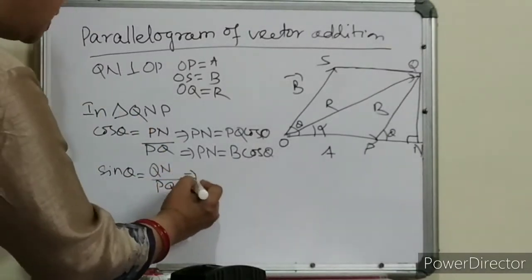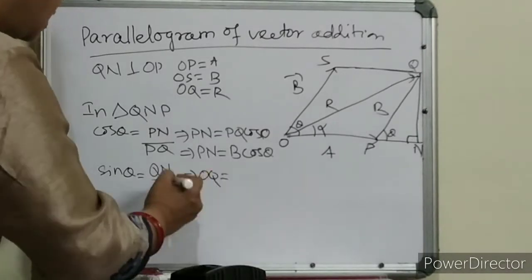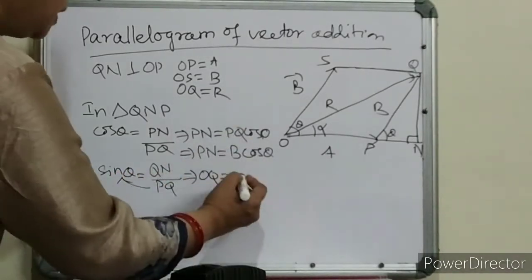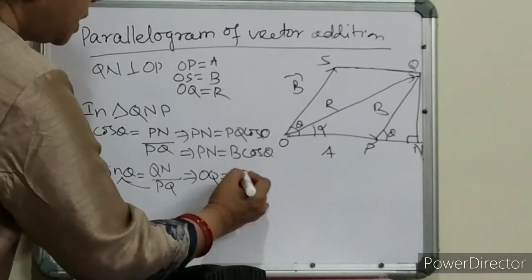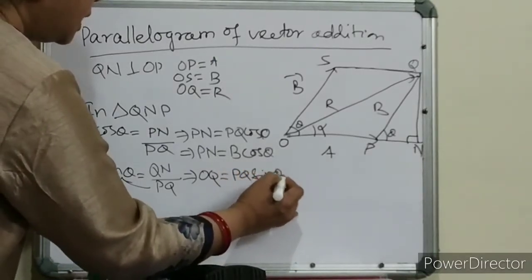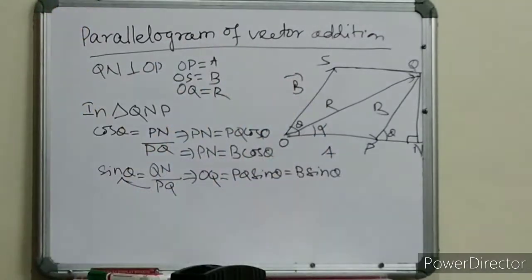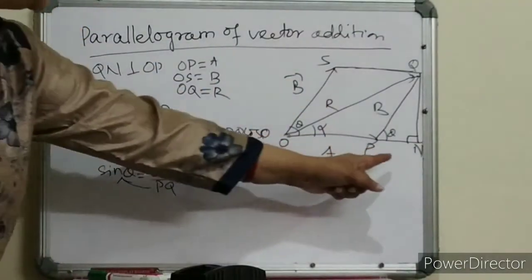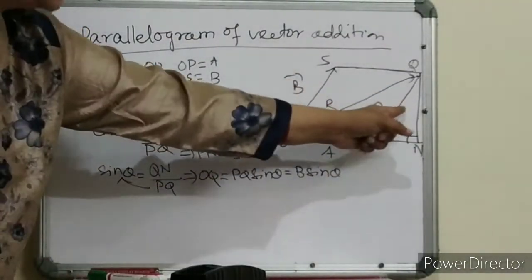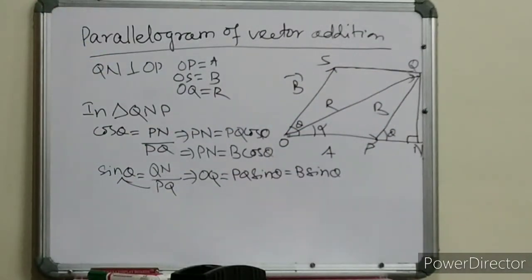So what is QN from here? We can get it: PQ sin theta, that is B sin theta. Clear children? So this is B cos theta and this is B sin theta.